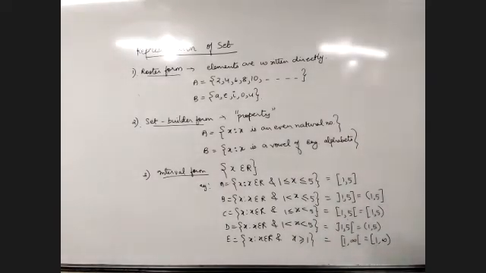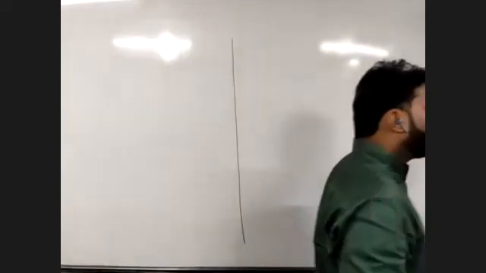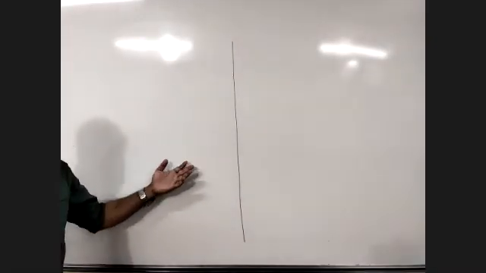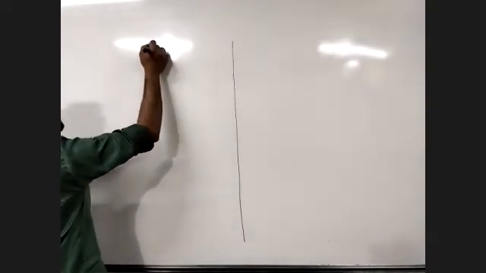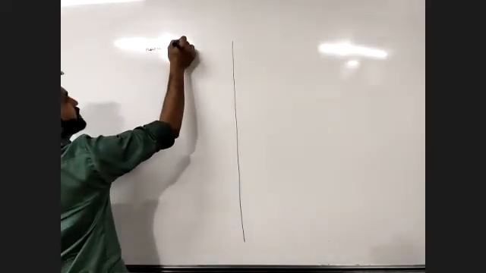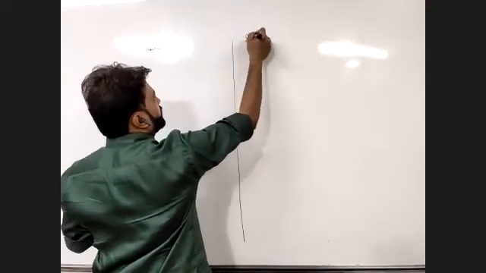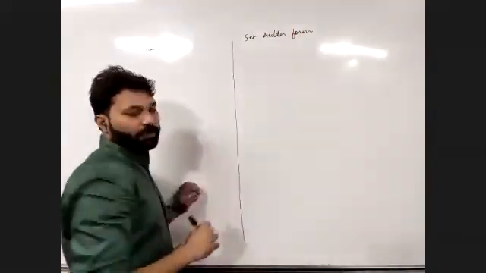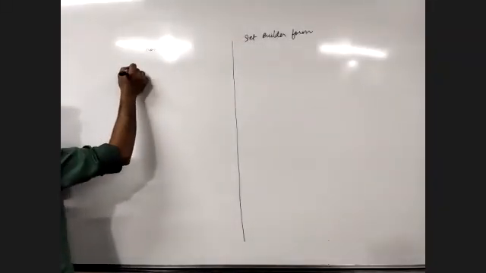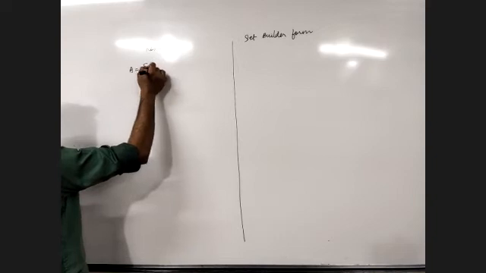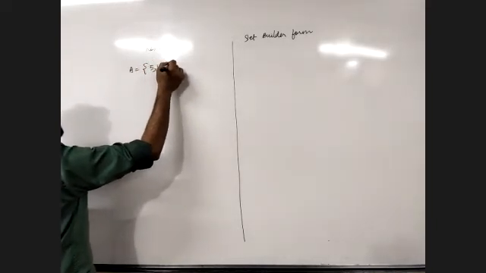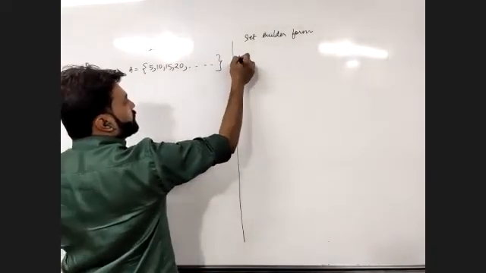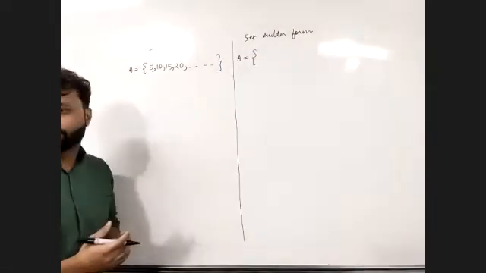Writing a few examples, some in roster form and some in set builder form. We need to change the form. Watch out carefully. For example, if I write A is equal to {5, 10, 15, 20, and so on}, what will be the corresponding set builder form?